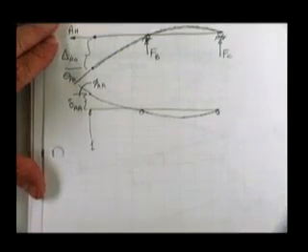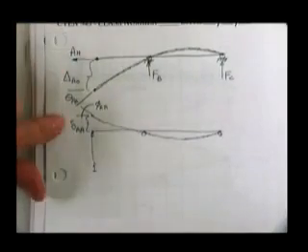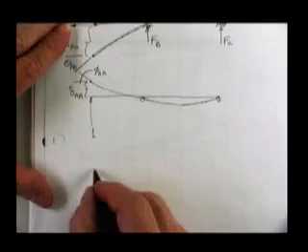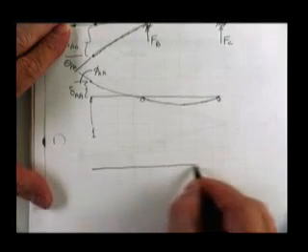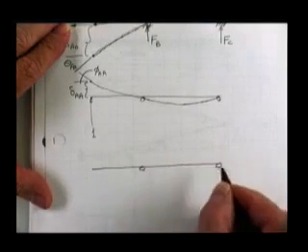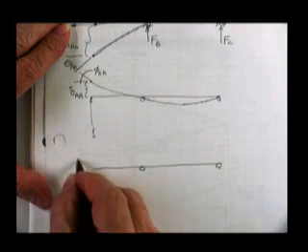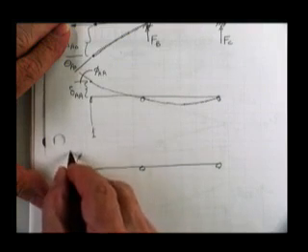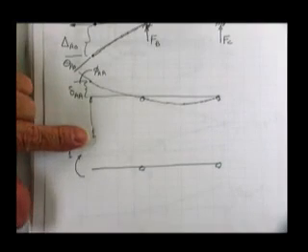Then the next thing, you've got to come back and admit that there was a moment on the end of this beam. So here is the beam. Here is a 1. This will be like 1 kip, 1 pound.